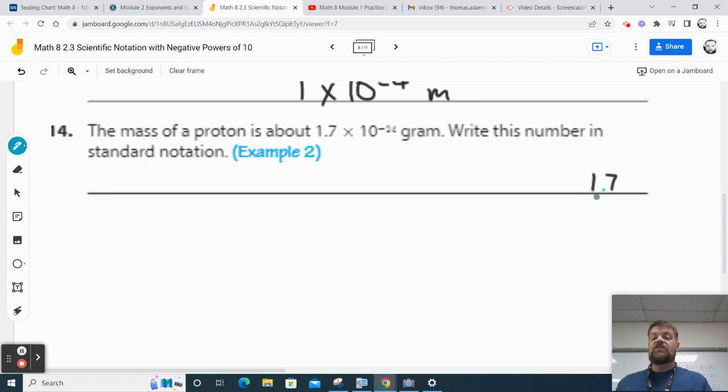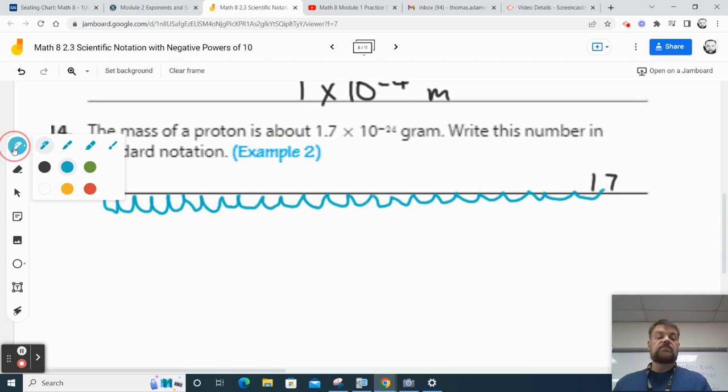So we're going to go 1, 2, 3, 4, 5, 6, 7, 8, 9, 10, 11, 12, 13, 14, 15, 16, 17, 18, 19, 20, 21, 22, 23, 24.